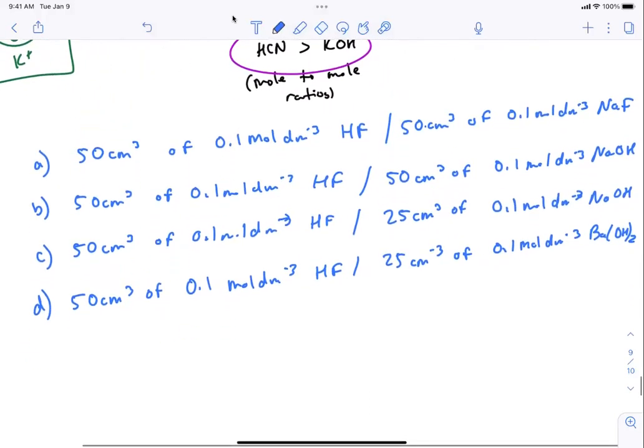I wanted to make sure that y'all saw it the way it would be on the test, because they won't write capital M on the test. They'll always write moles per decimeter cubed. So I've given you 4 possibilities. I'm not going to answer yet. It's not a one-is-the-right-answer thing. Each one will be a yes or no. Write this down and then we'll break this down.